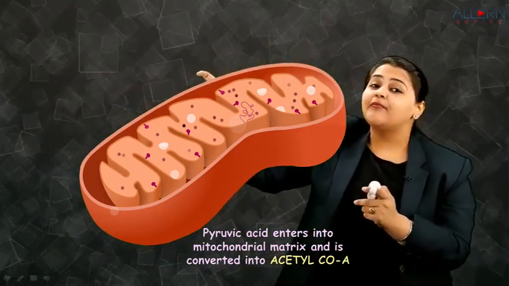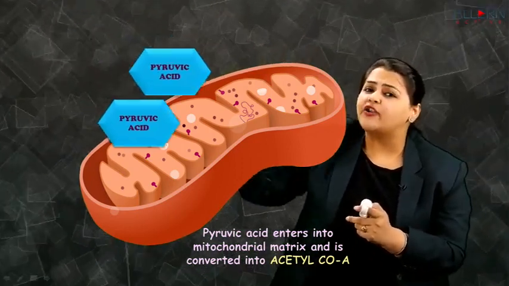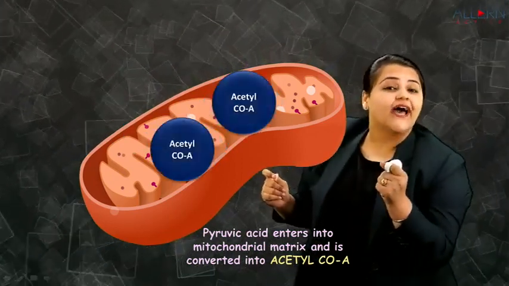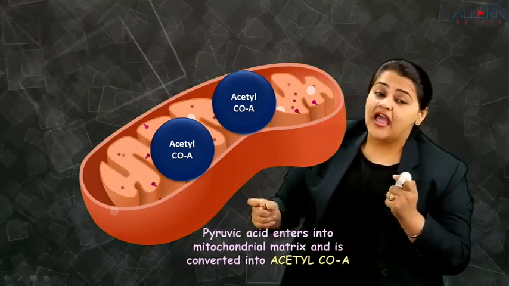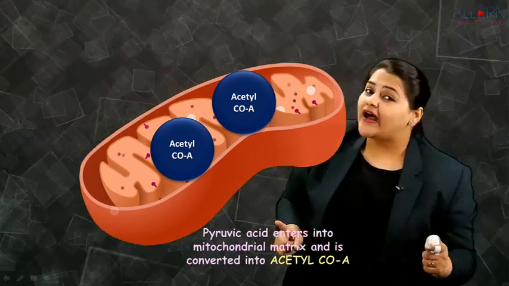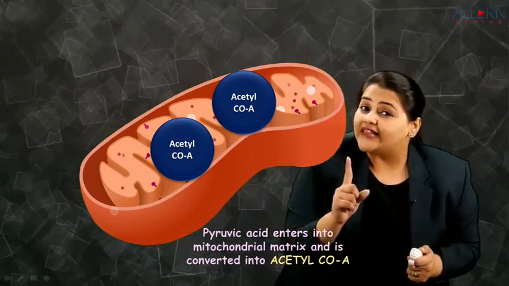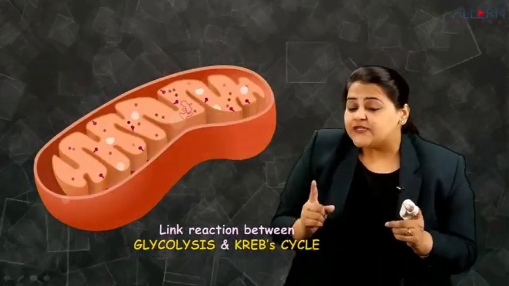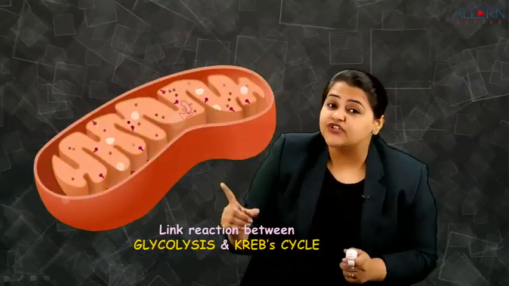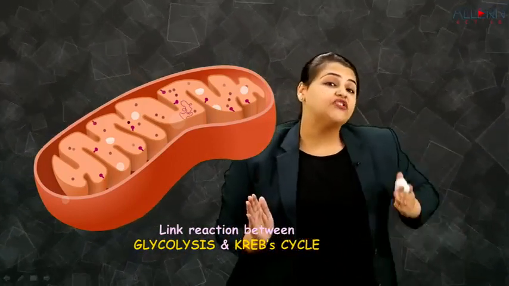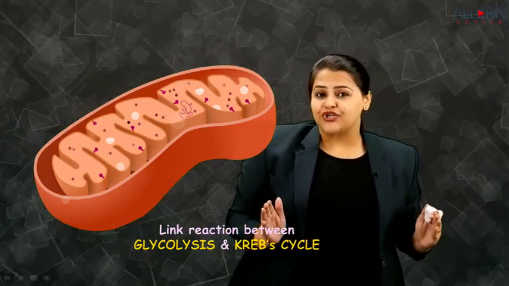And inside the mitochondrial matrix, this pyruvic acid will enter and it will get converted into acetyl coenzyme A. Now this conversion of pyruvic acid to acetyl coenzyme A, well, that is a link reaction, and this link reaction is between glycolysis, which is the first step in energy production, and Krebs cycle, which is the second step in energy production.